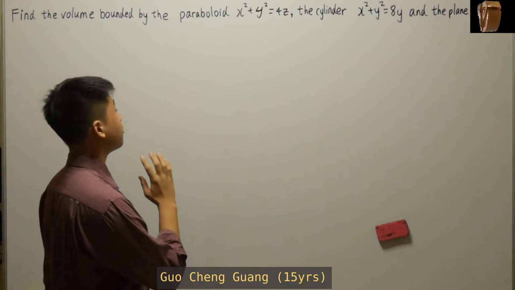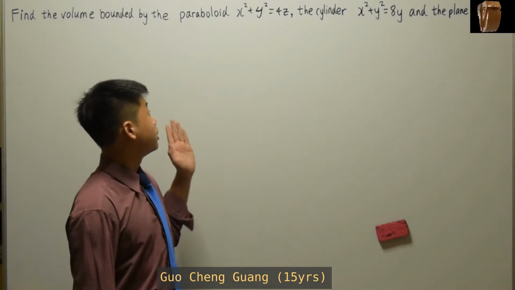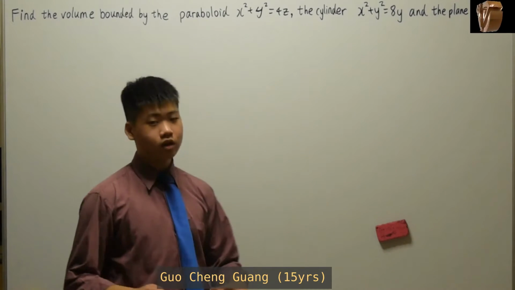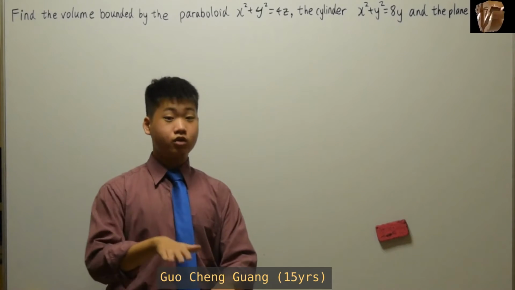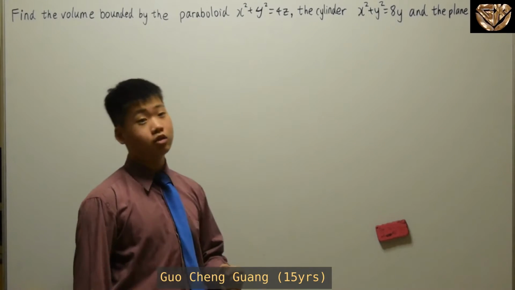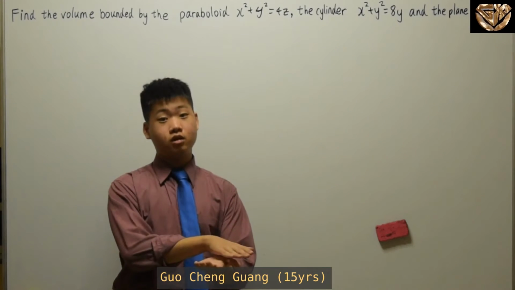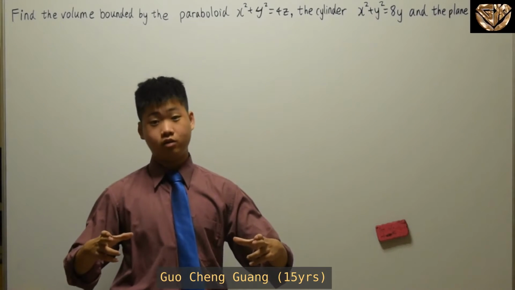Firstly, we take a look at the paraboloid. Originally you have x squared plus y squared. Let's say you take a look at it z value by z value. As z increases, your 4z increases. But for the same z, you're just going to have a circle at each z value.